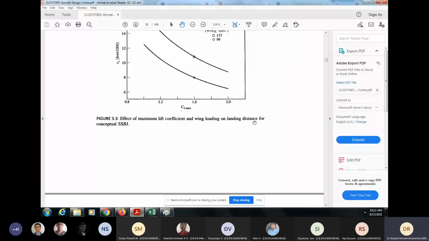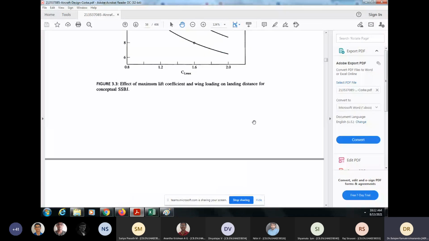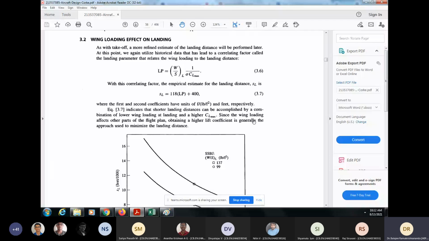I won't bother if you don't get the exact correct answer. That is not the issue here. But I want you to draw all these graphs and see how they look. So this landing parameter is wing loading into 1 by sigma CL max.